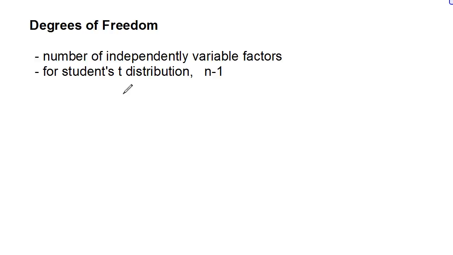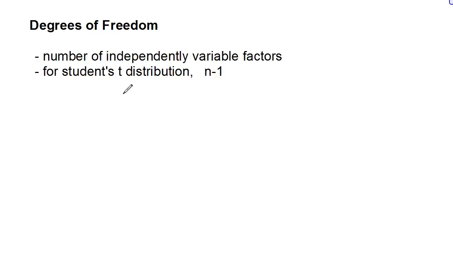Degrees of freedom are the number of independently variable factors. Remember whenever we were calculating the standard deviation for a sample, we divided by n minus 1 instead of just n like we did for the population. And that was because we wanted it to be more accurate.